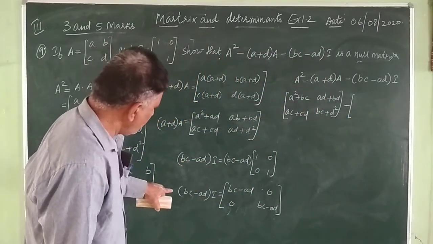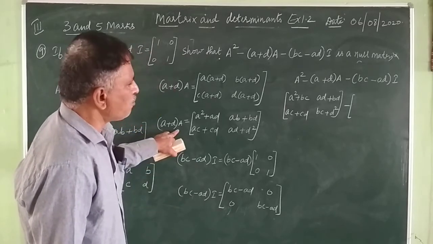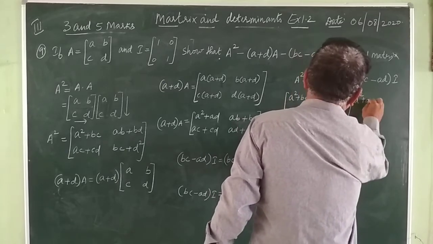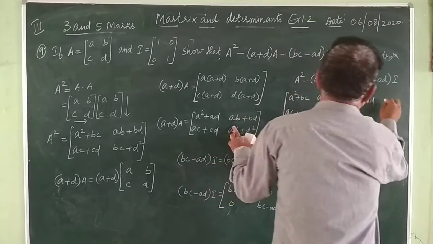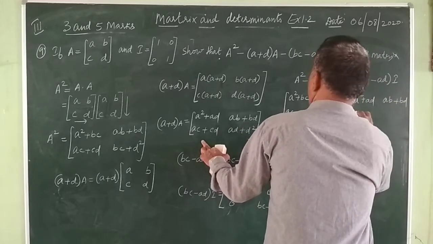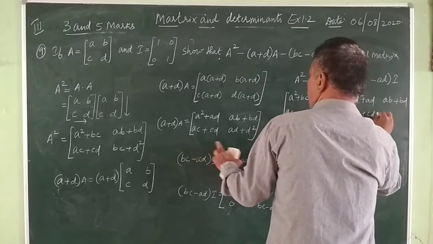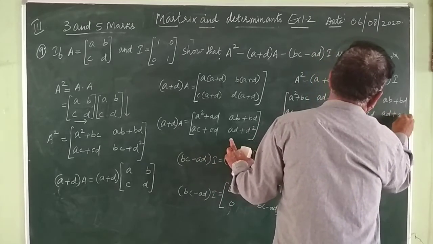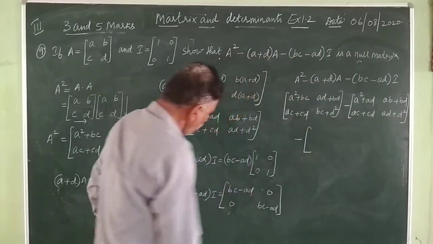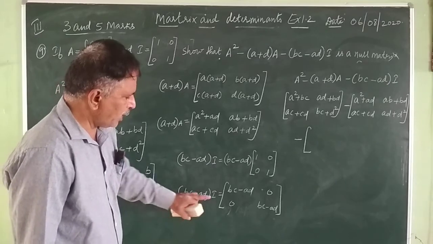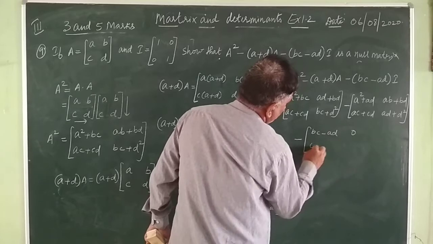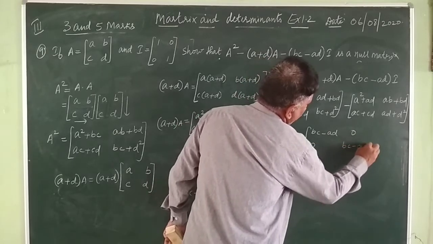What is A plus D into matrix A? That is [A square plus AD, AB plus BD; AC plus CD, AD plus D square]. Next is minus of BC minus AD into identity matrix, that is [BC minus AD, 0; 0, BC minus AD].